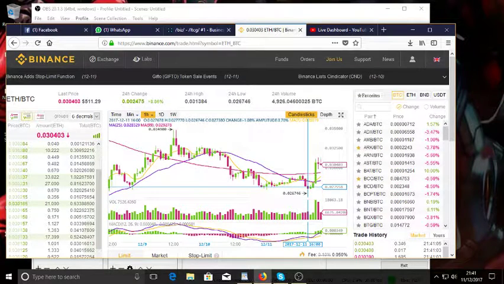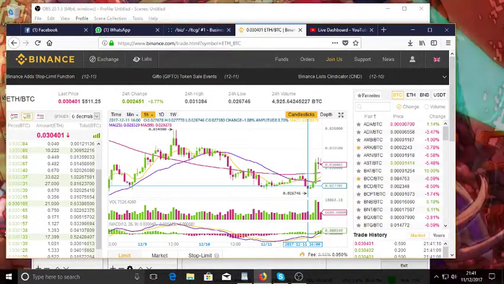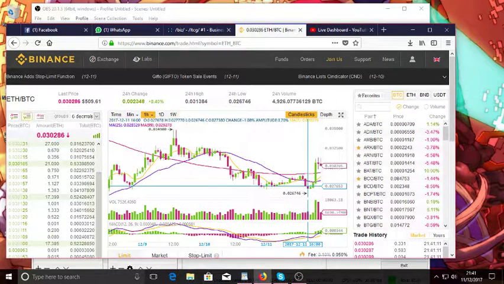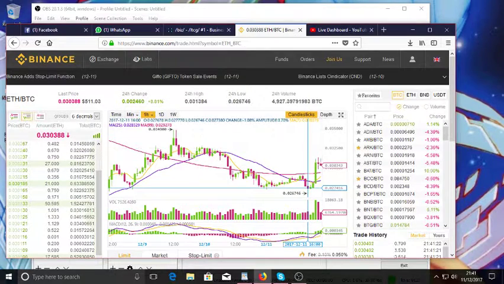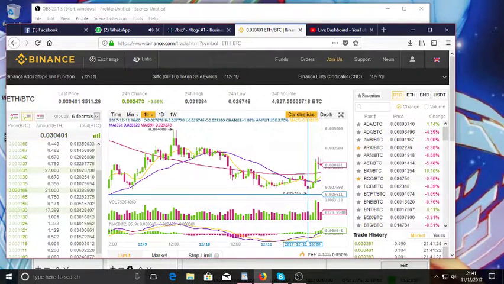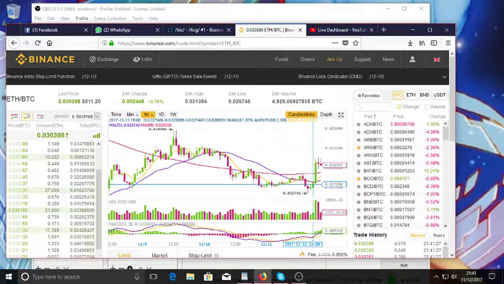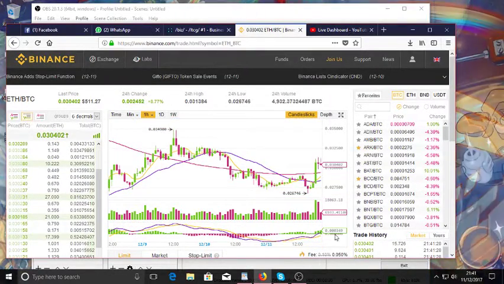In our case, the price opened at 0.027653 satoshis, and then you can see it traded between 0.026 and 0.027.